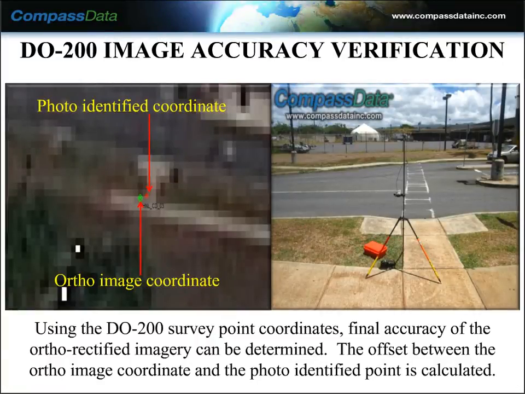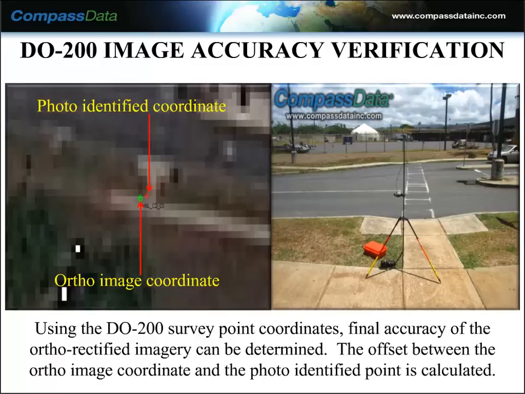The next step is the accuracy verification. So again, this is using our qualified tool from the FAA, Compass Accuracy Analyst. And what you're seeing here is you have the point, the photo identifiable coordinate, which is this red dot right here, and then you have the ortho image coordinate, which is the feature itself, the pixel where that point should be.